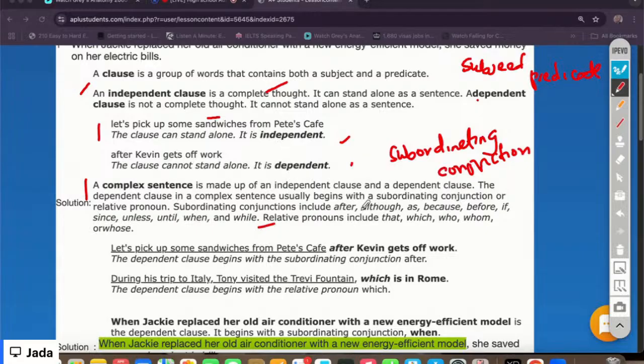Subordinating conjunctions include after, although, as, because, before, if, since, unless, until, when, and while. So once you see that it's beginning with any of these, you know that that's a dependent clause. And sometimes it could begin with that, which, who, whom, or whose, which are the relative pronouns.